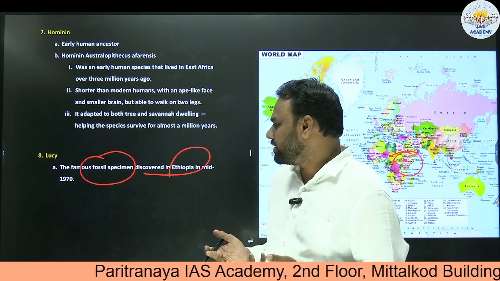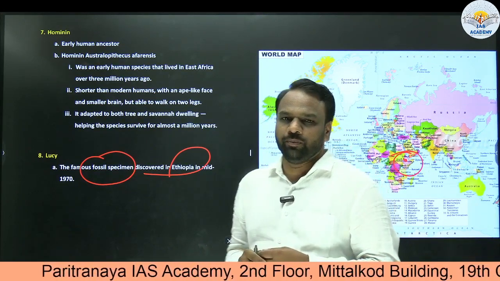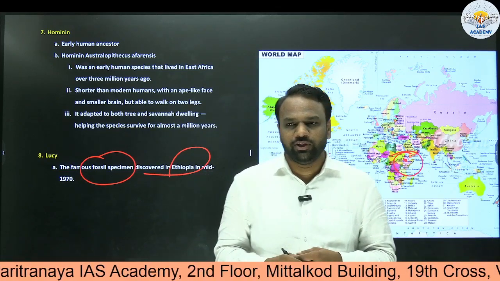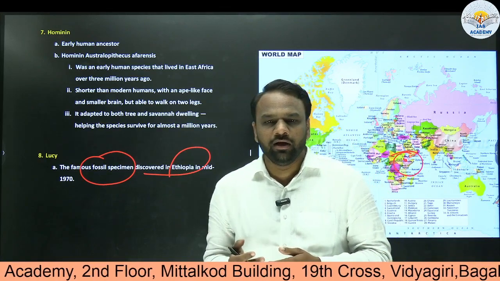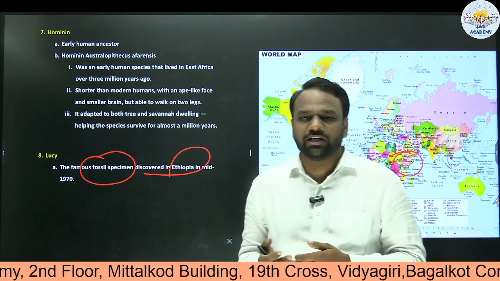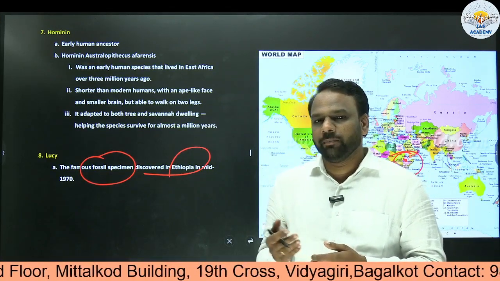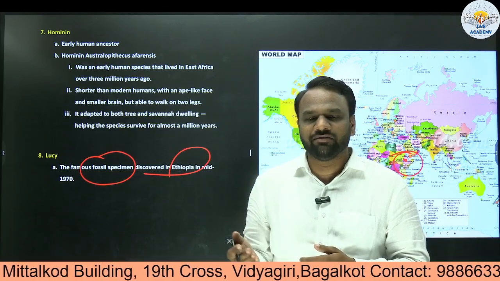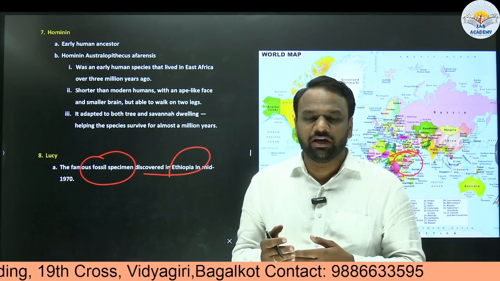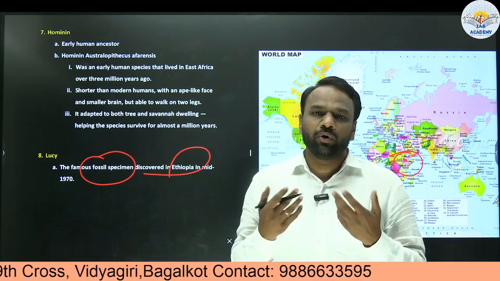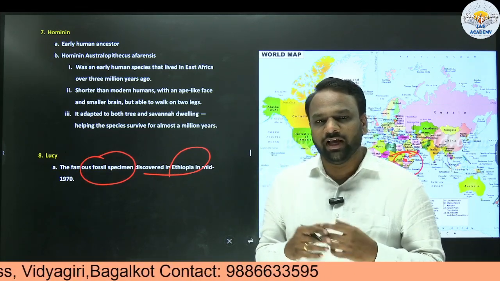It's a fossil specimen which was discovered in Ethiopia. In this fashion, if we regularly keep track of the contents of The Hindu, especially the articles which appear in Sunday's newspaper on the page devoted to science, then we will definitely be able to answer more science-related questions confidently in the examination hall.